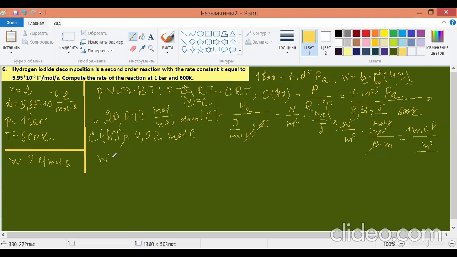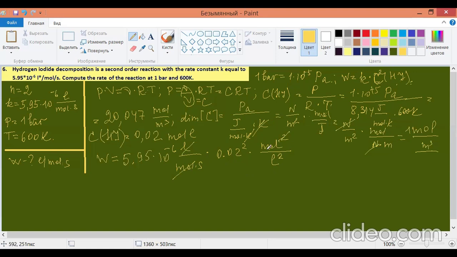So the rate of this process is equal to, it's okay, right? Its magnitude is 5.95 times 10 raised to minus 6 liter per mole per second times 0.02 squared moles per liter, but squared too, so we write mole squared, liter squared, right?